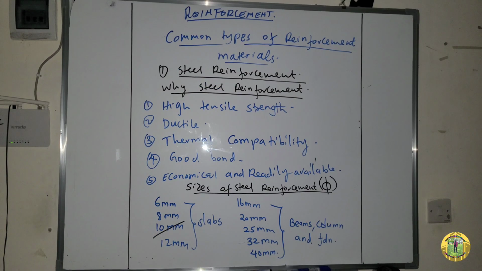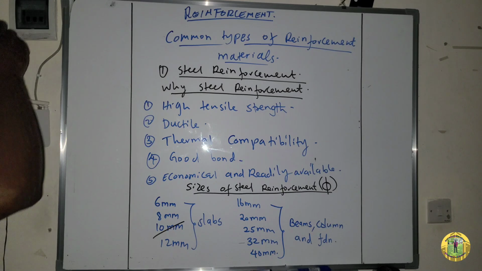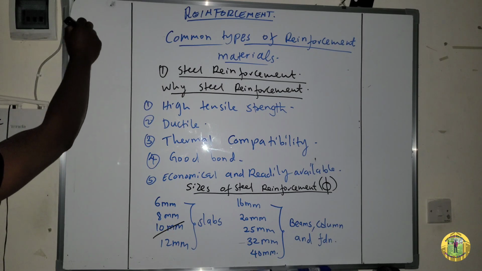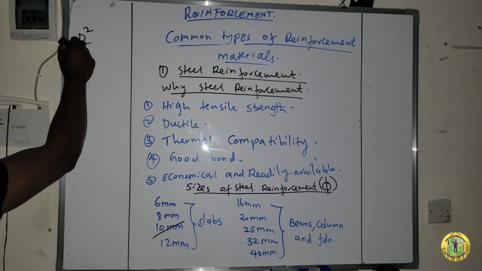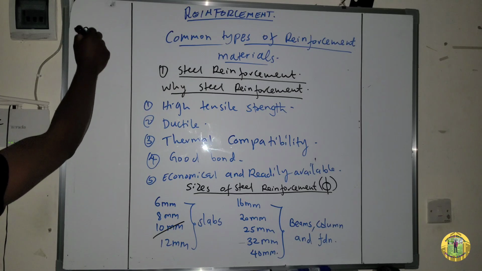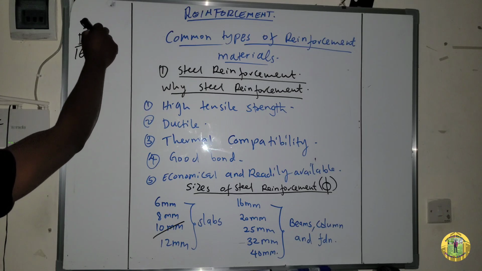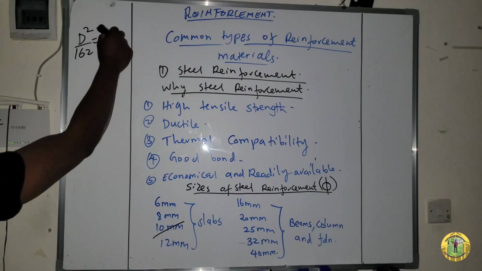So how do you calculate the weight of these reinforcement steel bars? To calculate the weight, we always use this formula, d squared over 162. This will give you the weight in kilogram per meter.